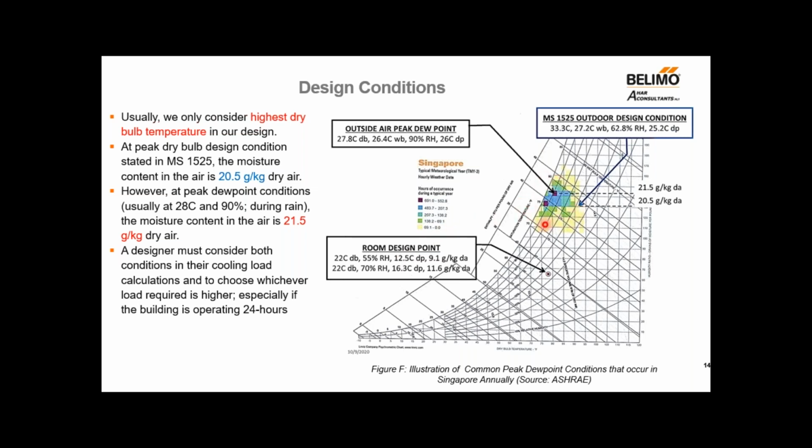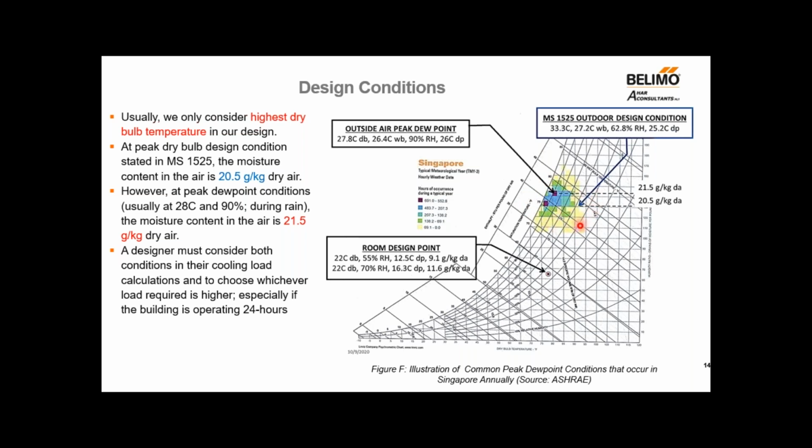For example, in Kuala Lumpur or Singapore, there is more occurrence of high humidity than there is occurrence of peak dry bulb. From the psychrometric chart above, you can see that peak dew point condition occurs 10 times more hours per year when compared to peak dry bulb.